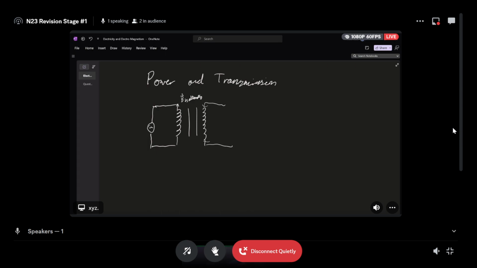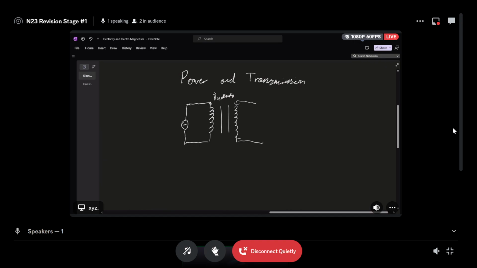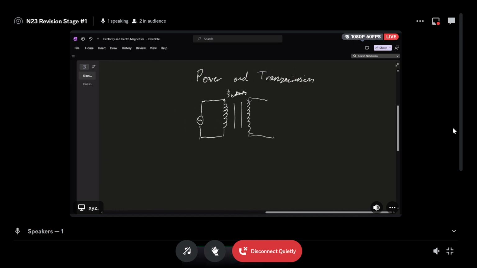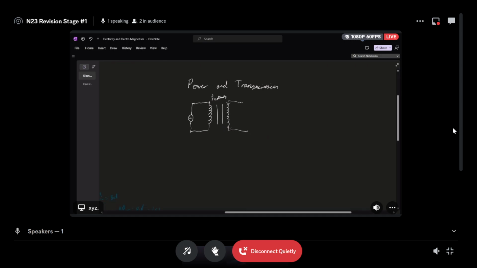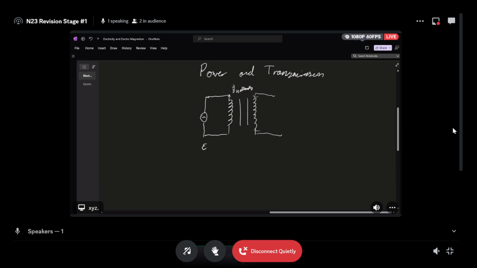Okay, so that is a rundown of how it works, and now for the amount of loops and all of that cool stuff. So your voltage in the primary is going to be equal to the rate of change of flux here, right?